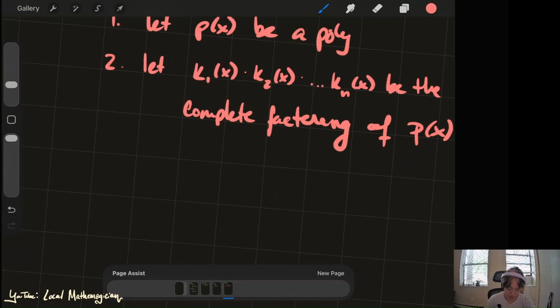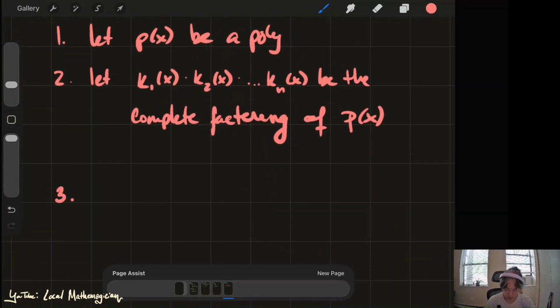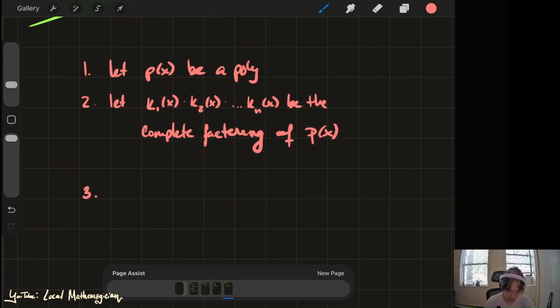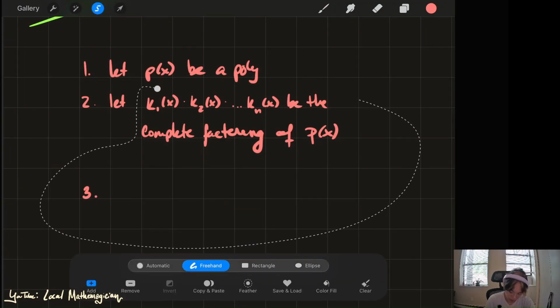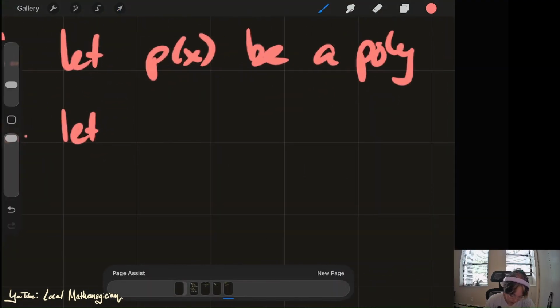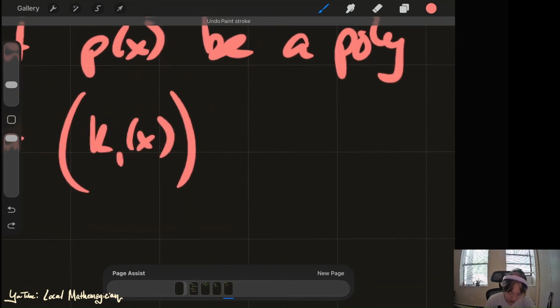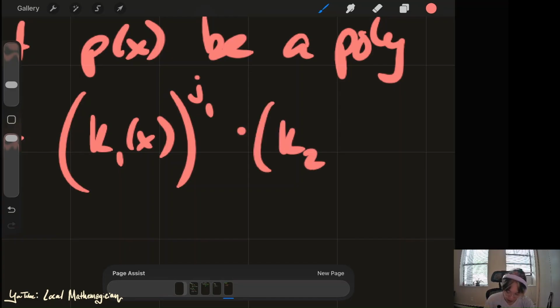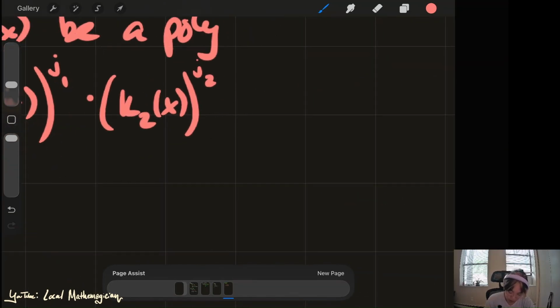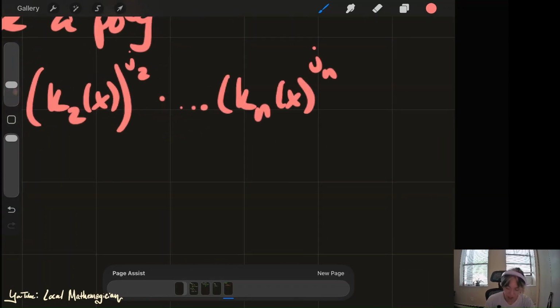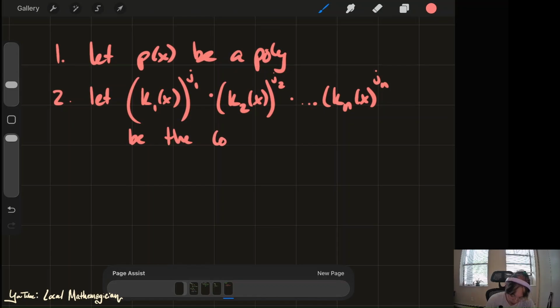If we have this set up, then let k1 of x to the power of j1, times k2 of x to the power of j2, times kn of x to the power of jn be the complete factoring of p of x.